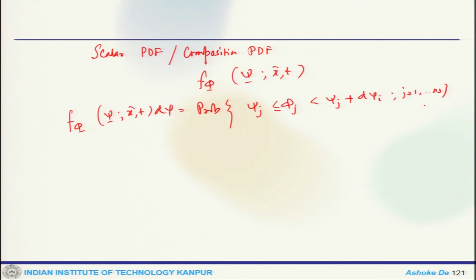In a stationary combustion system, the PDF is time independent, and we can find the mean.